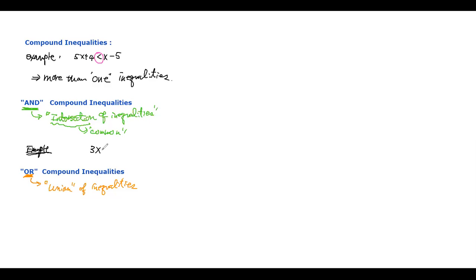So for example, if I have 3x + 1 less than 5 and greater than -7, this is a compound inequality. Why? Because I have two inequality signs here: one is greater than -7, one is less than 5.